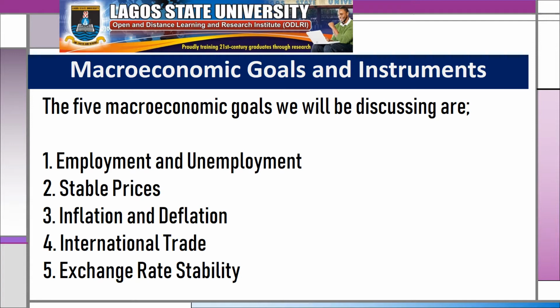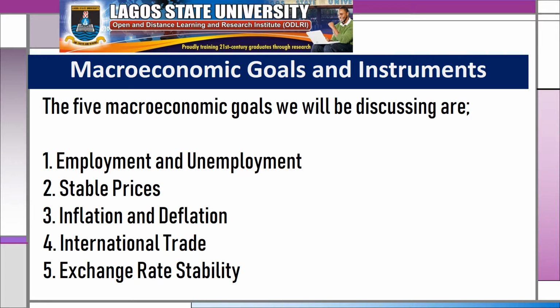Inflation and deflation. Inflation is a key macroeconomic concept that is used to judge whether an economy is good or not. How has inflation eroded our buying power? We have right before us agitation for increase in minimum wage.